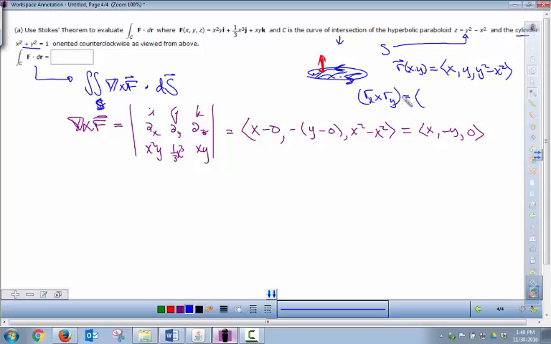I think the way this is going to cross where x is first, it's going to be negative 2x, negative 2y, and positive 1.